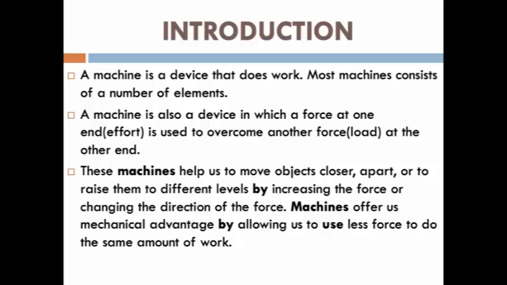This machine helps us to move objects from a closer part, either to a higher level, or to raise it vertically or horizontally, and machines offer us mechanical advantage by allowing us to use less force to do some amount of work.